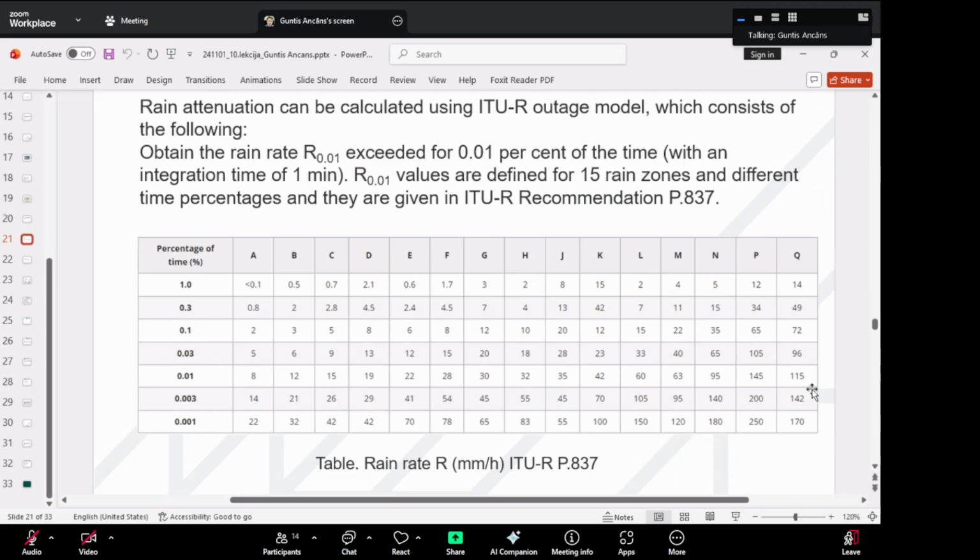These values are defined for 15 rain zones and different time percentages, and they are given in ITU recommendation P.837. The link I sent you in the chat is the same recommendation.